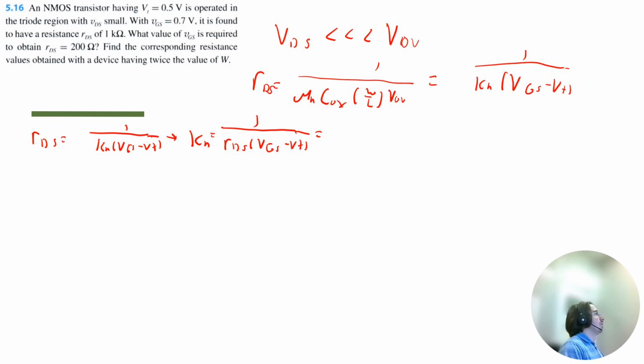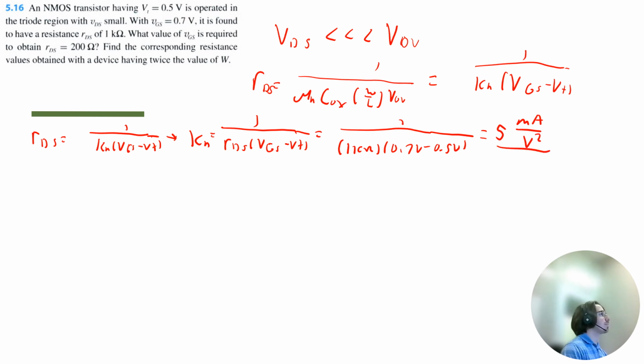I'll plug in some values. So we get 1 divided by 1 kilo ohm times VGS, which is 0.7 volts, minus VT, which is 0.5 volts. So I calculate Kn to be 5 milliamps per volt squared.